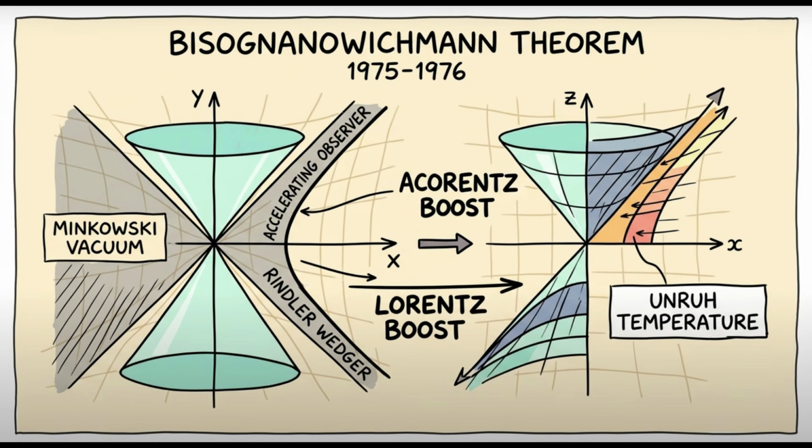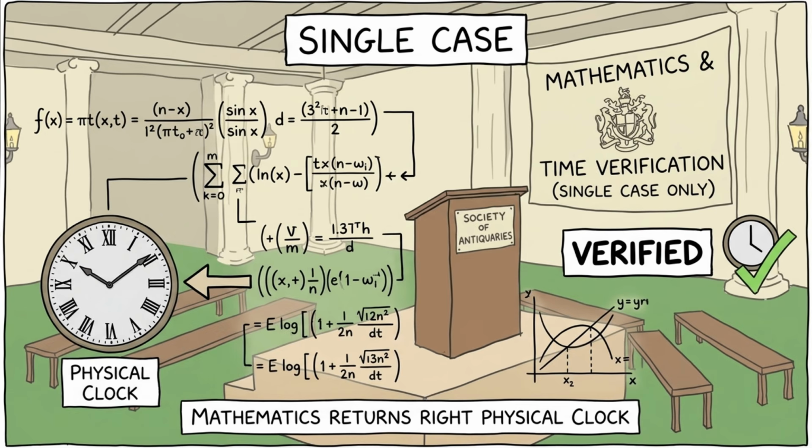The Bisognano-Wichmann theorem from 1975 and 1976 shows that for the Minkowski vacuum restricted to an accelerating observer's wedge, the modular flow is exactly a Lorentz boost, reproducing the Unruh temperature derived independently in 1976. In the single case where we can verify it, the mathematics returns the right physical clock.